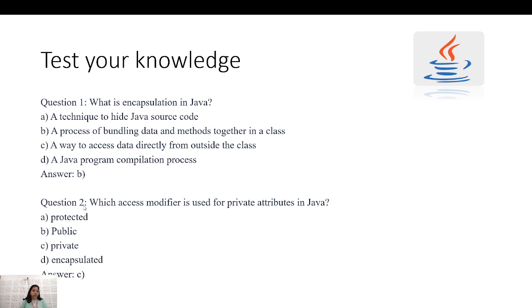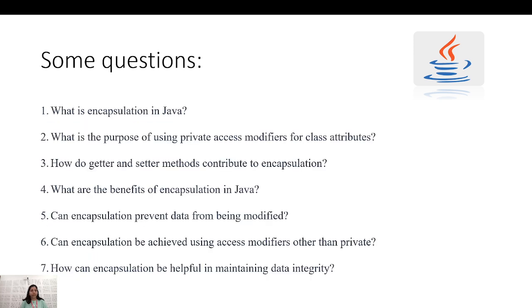Now the second question. Which access modifier is used for a private attribute in Java? Private. Protected and public are also access modifiers, and encapsulation is not a valid access modifier at all. So the answer will be private.